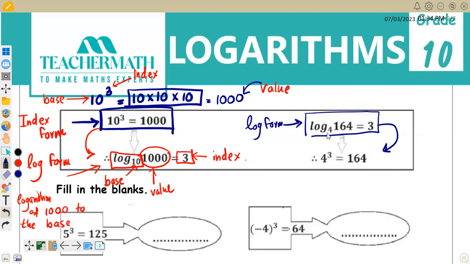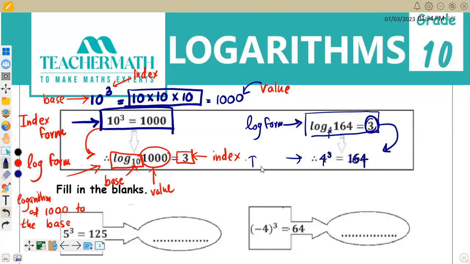Base is written at the end of the g, then base is 4. Then 3, that means the index, is written as the answer of log form. Then 4 to the power of 3, the value that we obtain is written inside the log form, it is equal to 4 to the power of 3 in index form.